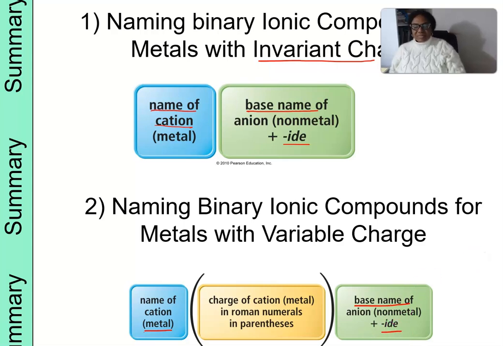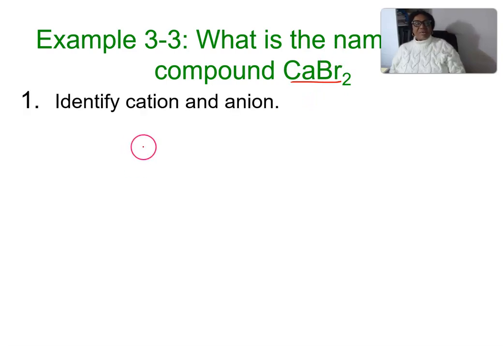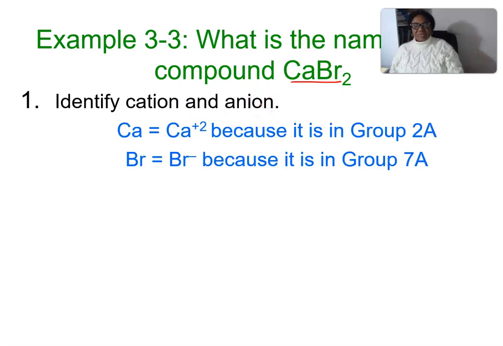So let's take an example. What is the name of CaBr2? How do we name it? Identify the cation and the anion. This is the cation, and this is the anion. Metals first, non-metals second. So that's the cation and the anion. Then name the cation.